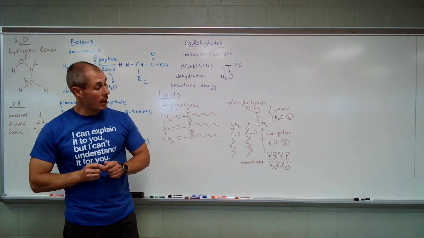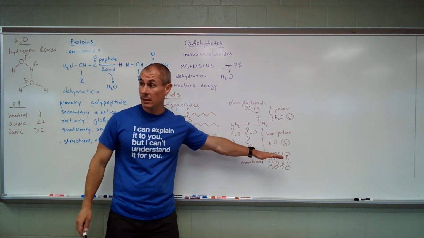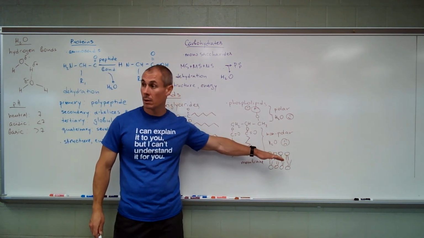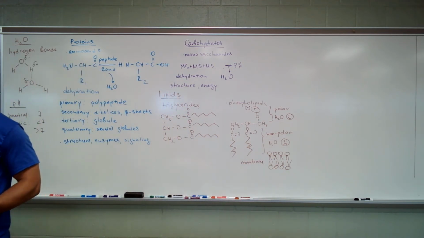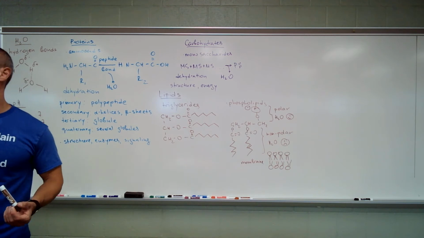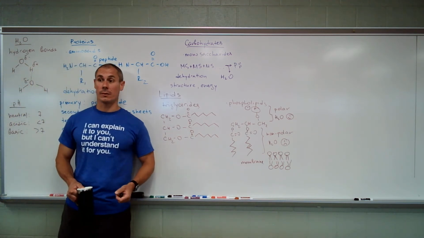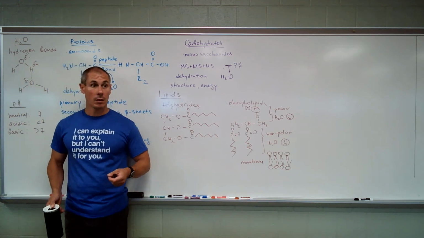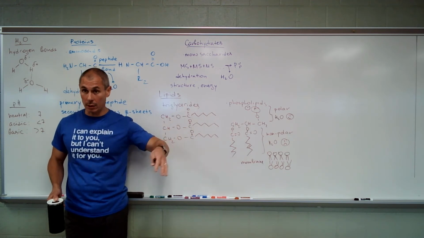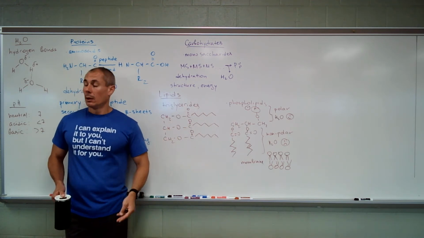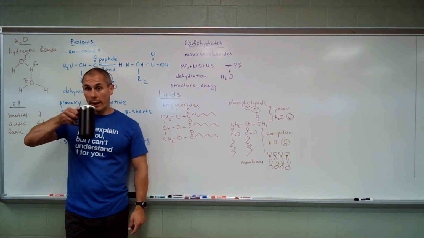And at the same time, the inside of the membrane, that meat in the sandwich, is hydrophobic. And it determines the semi-permeability of the membrane that can let only hydrophobic, non-polar compounds in directly. The polar have to find a different way.